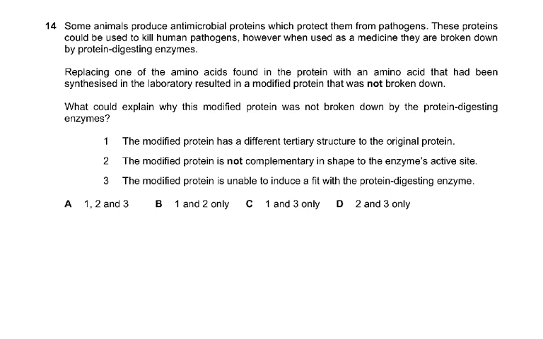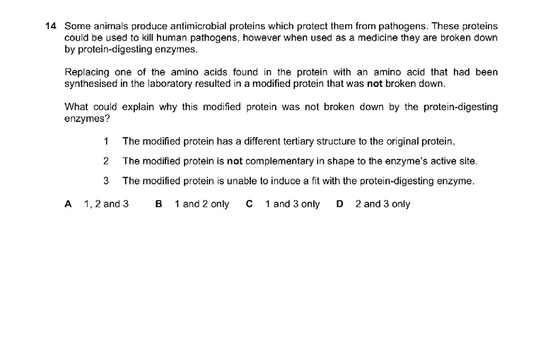Question number 14. Some animals produce antimicrobial proteins which protect them from pathogens. Some animals produce a protein which protects them from invading microorganisms which are called pathogens. These proteins could be used to kill human pathogens. So we can use these proteins and give them as medicine to treat these human pathogens.